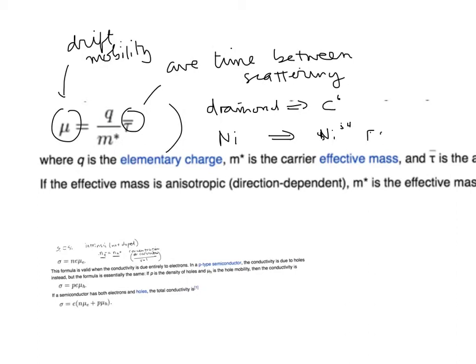This is face-centered cubic. This is carbon. Diamond has something called the diamond cubic structure, which actually has a very large crystal lattice and has spaces in the lattice.